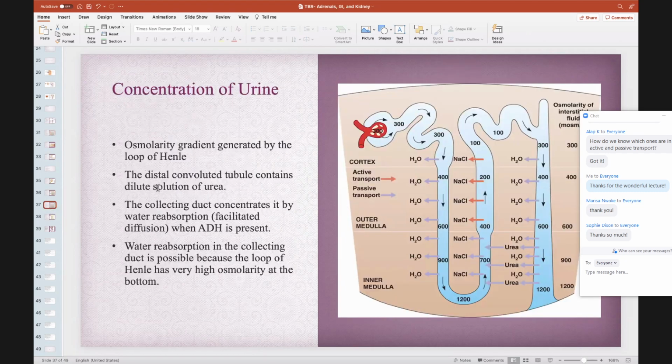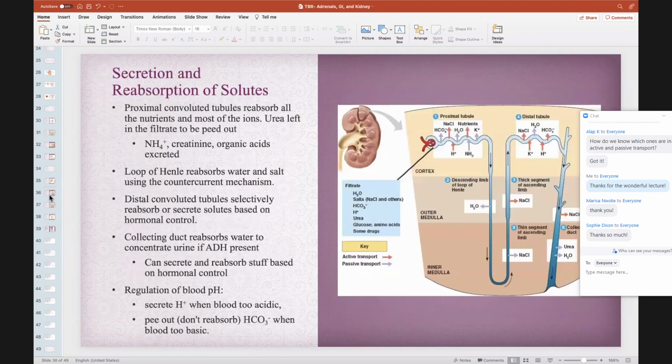And if we go to that right here, it's going to tell it to absorb more sodium chloride there. Well, what does that cause? Water is always going to follow the sodium chloride. Throughout biology, a good rule of thumb is water is going to follow the sodium. So if we're reabsorbing more sodium chloride at the distal convoluted tubule because of the aldosterone, we're going to absorb more water.